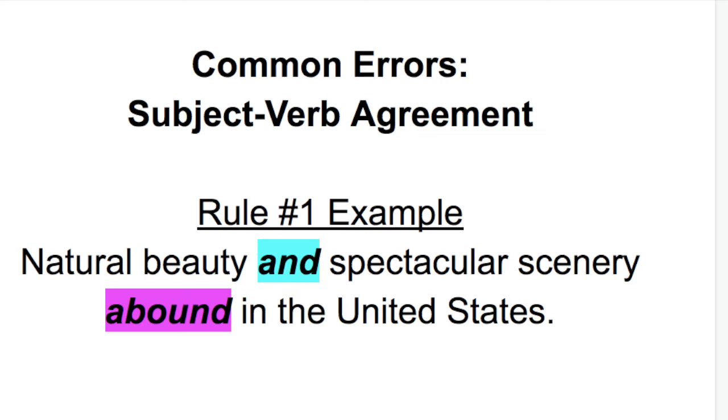So your subject has to agree. So we would say abound. If it was just natural beauty, and we didn't say and spectacular scenery, we would say natural beauty abounds in the United States. When it's a singular subject, we add that S to the end of the verb. Remember, when it's a plural subject, we don't have that S on the end of the verb.